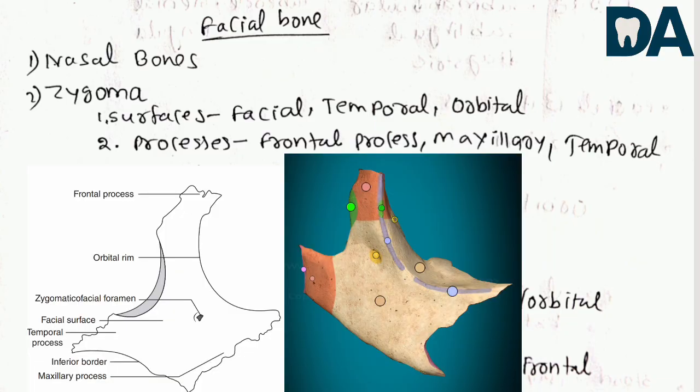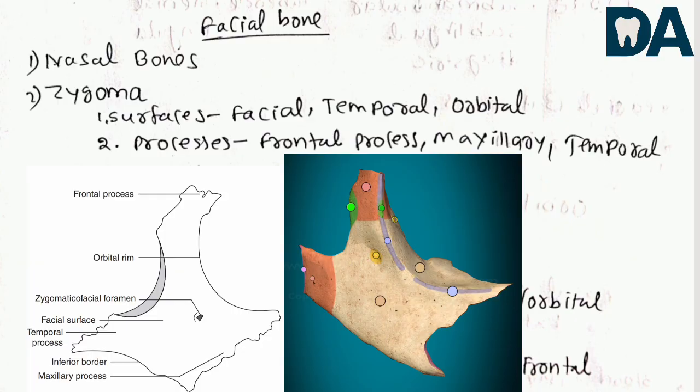Zygoma. The zygomatic bones, also called the malar or cheekbone. The zygomatic bone is a paired rhomboidal bone and is located below each eye, thus forming the lower lateral margin of the orbital cavity.